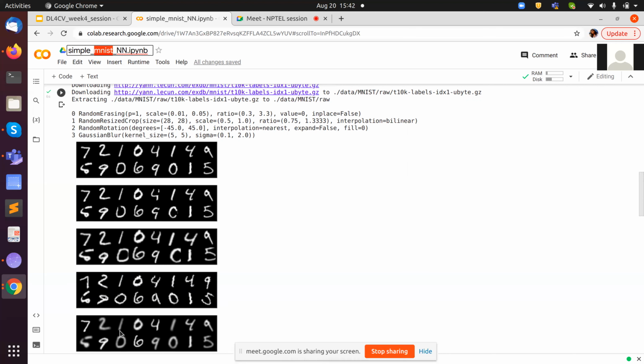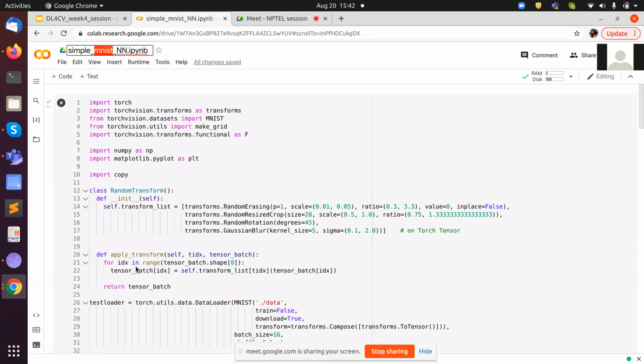The next option can be, we can blur it. So in this example, the 0 has been blurred. So these are the different ways in which the images can be augmented, like random erasing, random resizing, rotation, blurring, and so on.